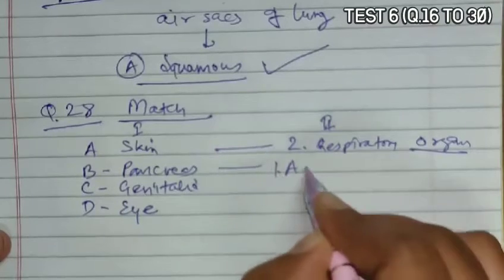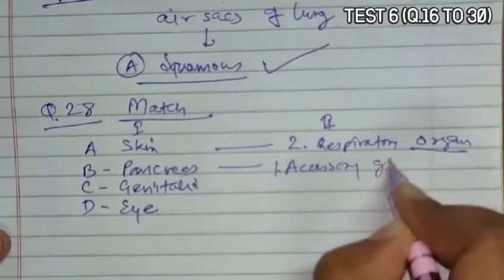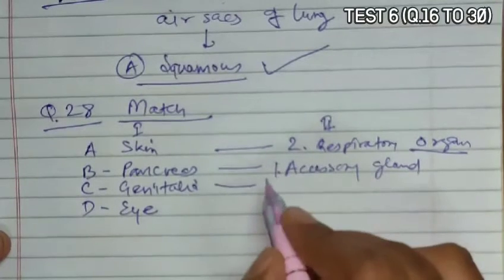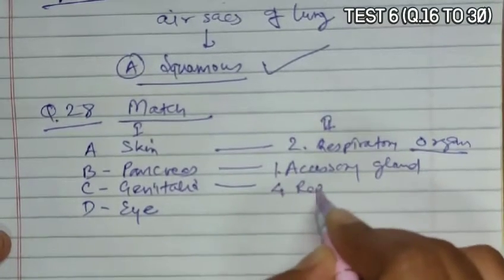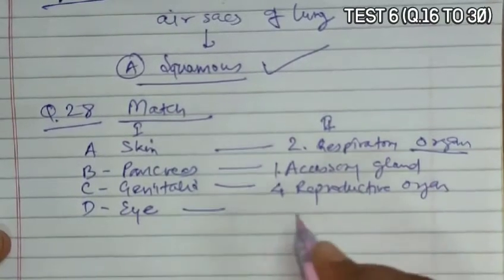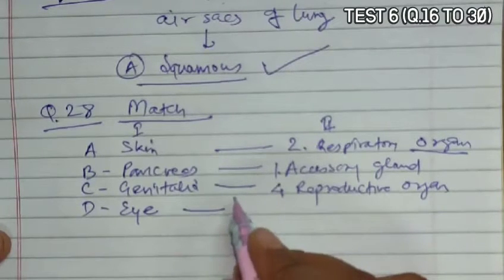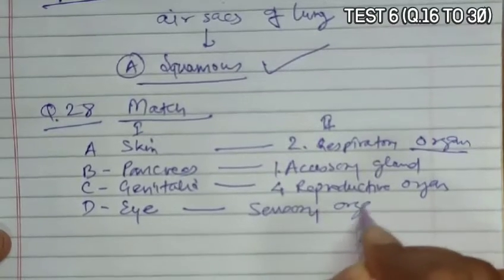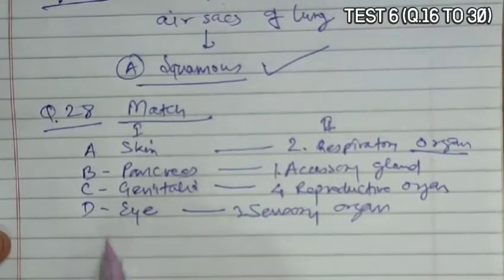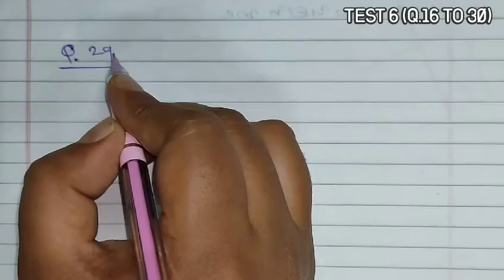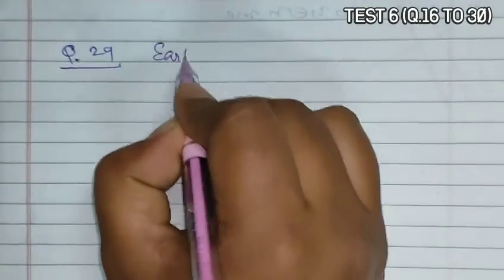Pancreas is an accessory digestive gland. Genitalia matches with 4, reproductive organ. And eye, D, matches with 3, sensory organ. So option C becomes the correct answer.